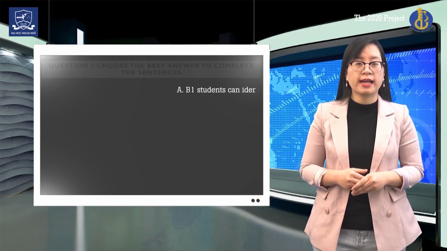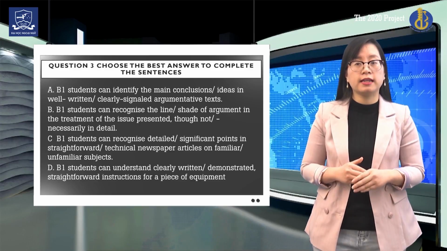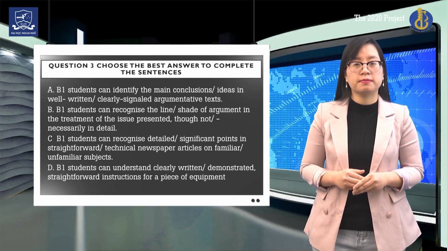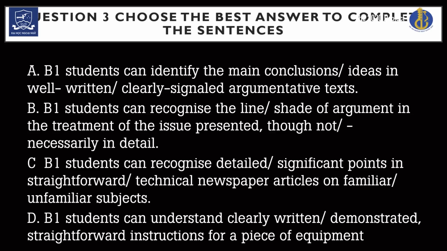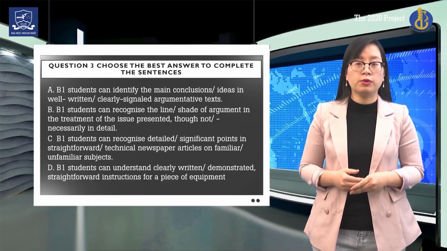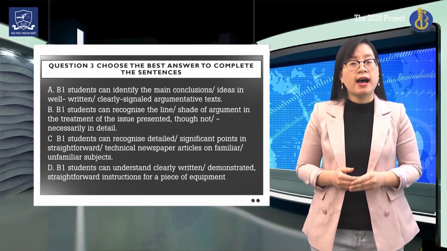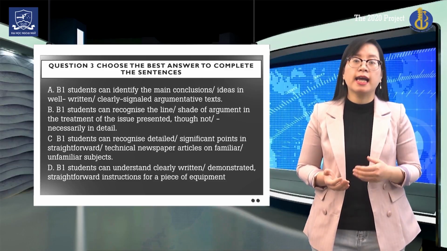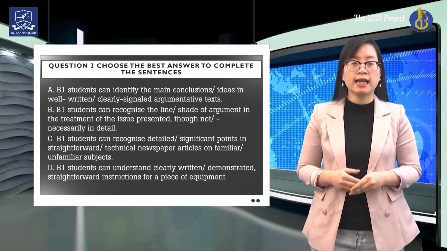Please choose the correct answer for statements A to D. You have 20 seconds to do this. Well, the answers are: A. At B1 level, students can identify the main conclusion in clearly signaled argumentative text.